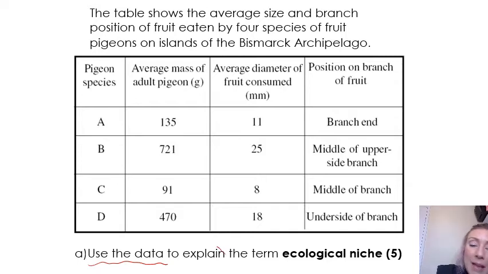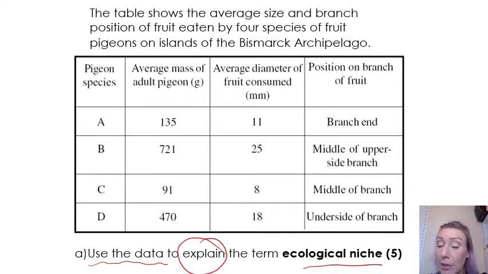Okay, we're going to be explaining the term niche. So you put your definition down, but that's not going to get you any marks. You're going to have to use it then to explain how these different organisms from this data are in their own niche. Okay, so where they eat, where they might live in the same place, do they eat something differently from each other? Okay, so pause me there and then we'll go through.